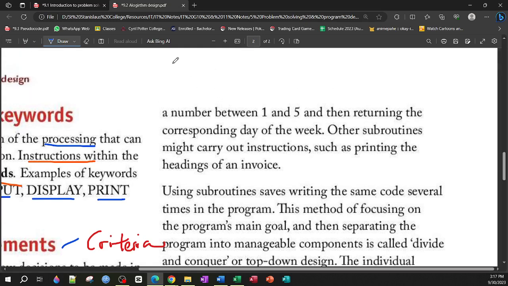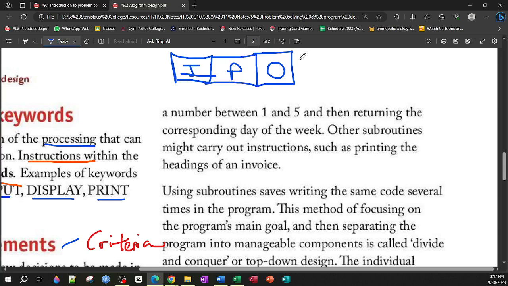So one subroutine might be for input, another for processing, another for the output, another for the storage. Another subroutine could be processing part 2, processing part 1, because remember the processing could be the technical parts. So they break up the different functions into parts once again.